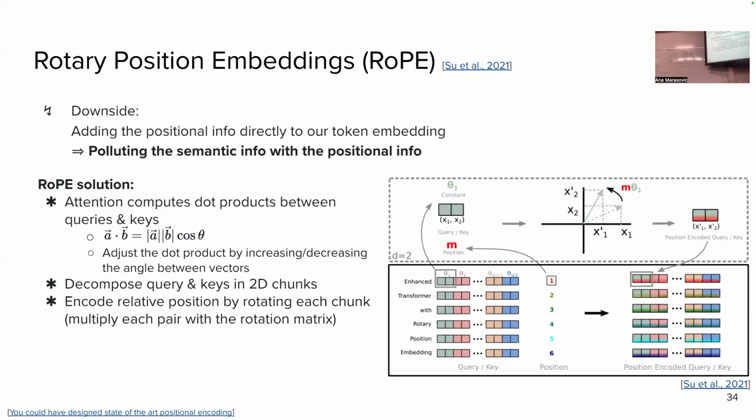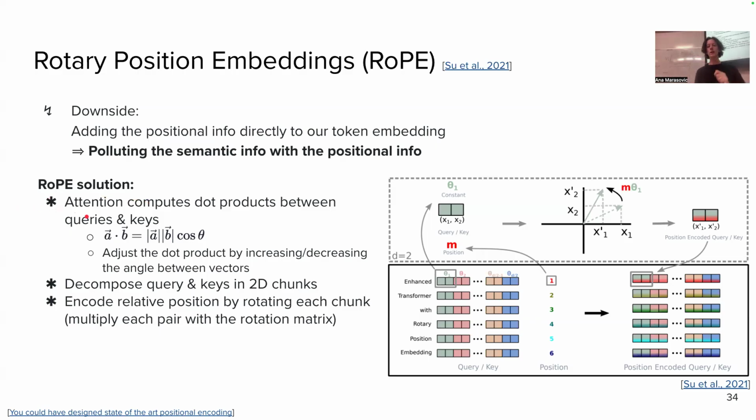So what's actually used today is something called rotary position embeddings, or RoPE. And it's a very clever idea about how to ditch this addition altogether and integrate information about how far apart two tokens are when using self-attention, in a really neat way.